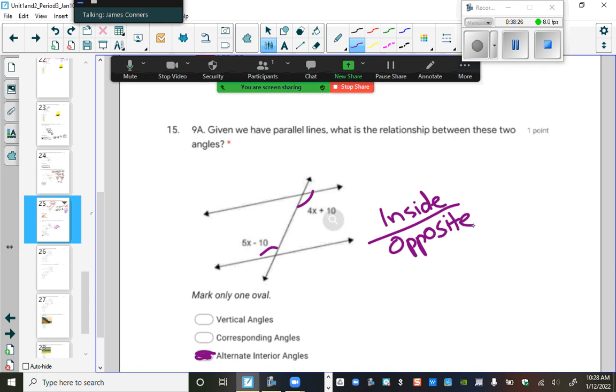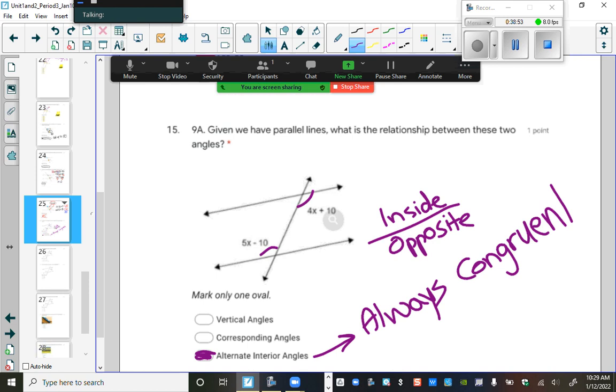It may not necessarily add up to 180 or 90, but there's always something. Was it equal? That's the one. They're congruent. They have equal measures. Alternate interior angles are always congruent. That's an always.